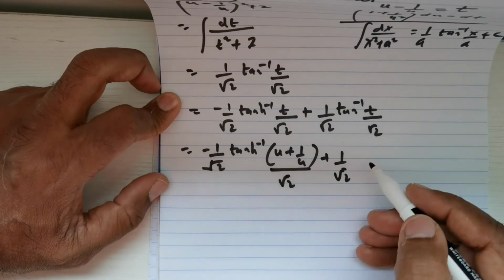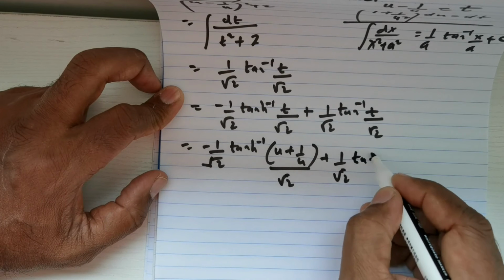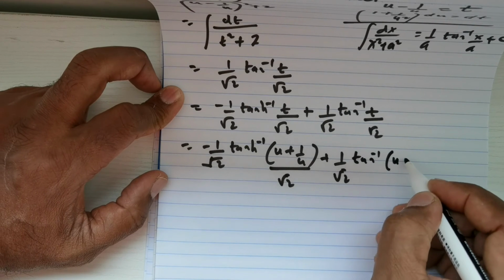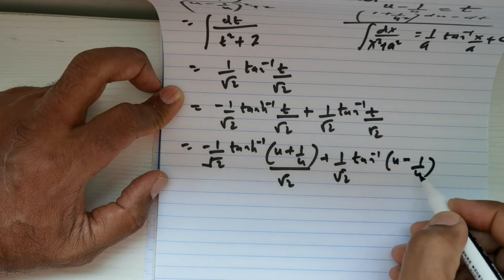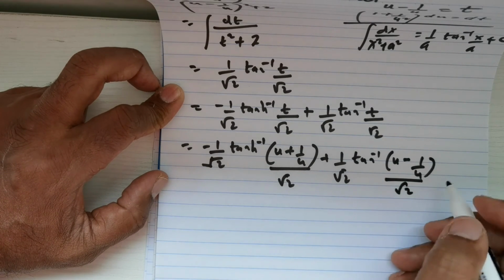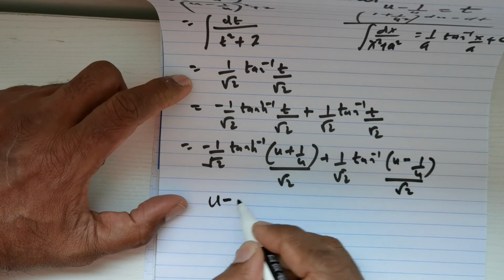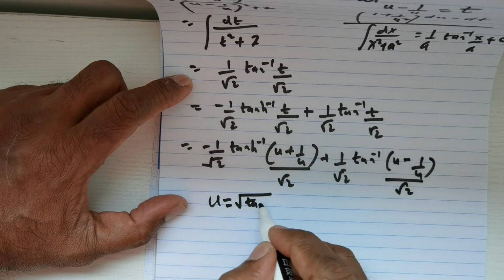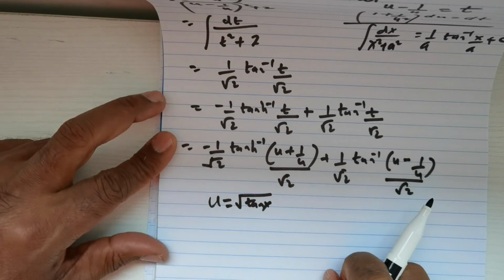So replace that. So that would give me tan inverse of (u − 1/u) divided by √2. But I have taken u to be the root of tan x, right?